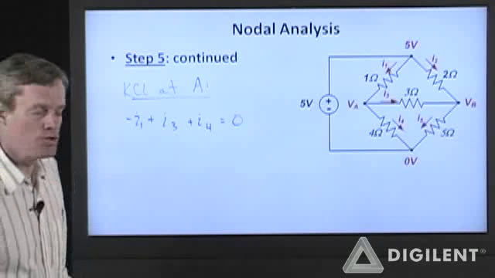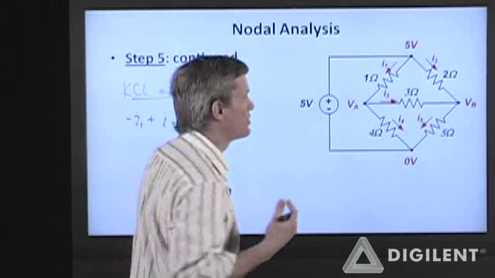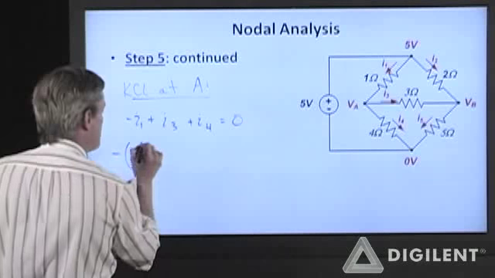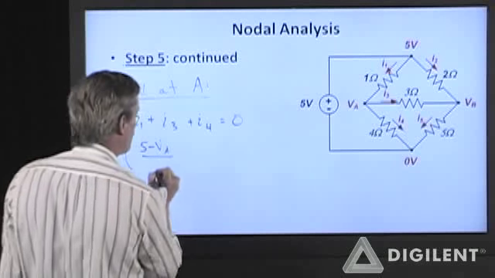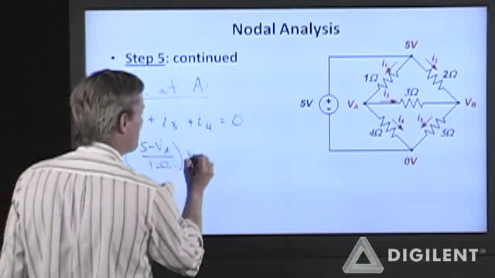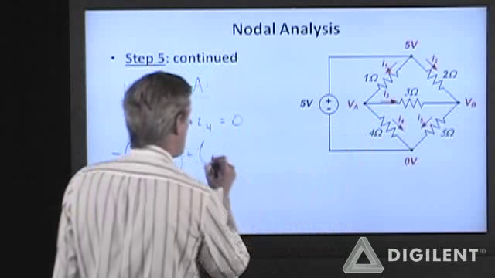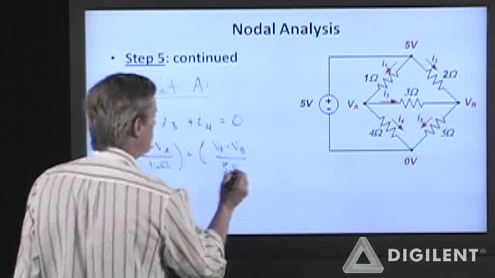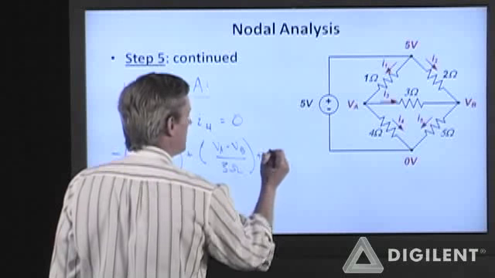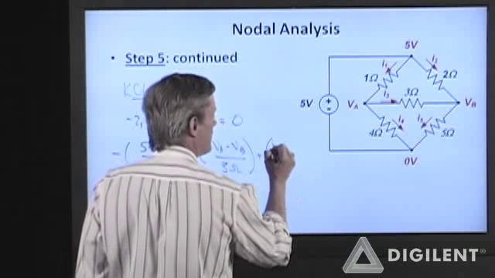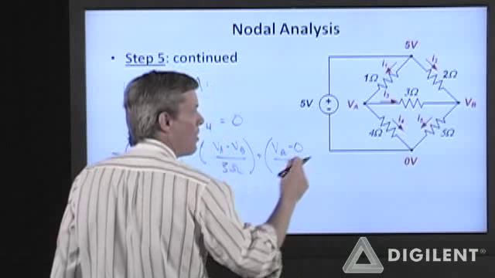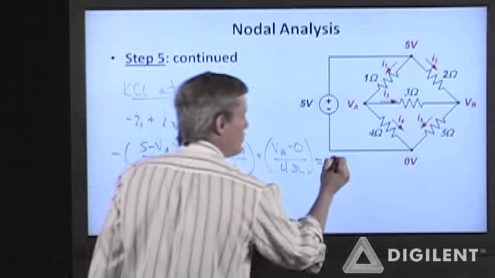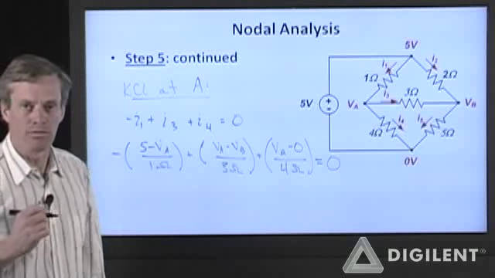If I substitute my previous expressions using Ohm's law, I get negative (5 minus VA) over 1 ohm, plus (VA minus VB) over 3 ohms, which is I3, plus (VA minus 0) over 4 ohms, which is I4. That sums up to 0.